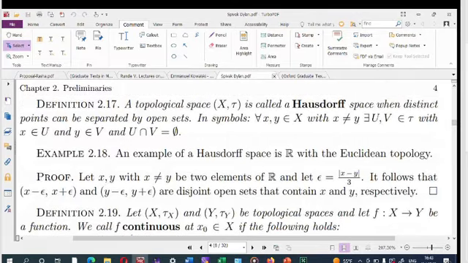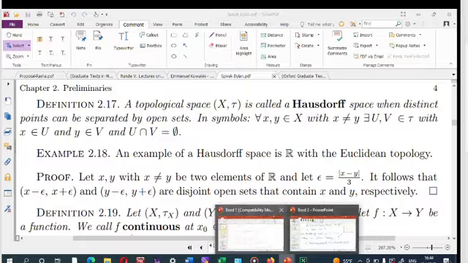A topological space X and tau is called a Hausdorff space when points can be separated by open sets, or equivalently for any x and y in X such that x does not equal y, there exist two open sets U and V such that x belongs to U, y belongs to V, and the intersection of U and V is the empty set.